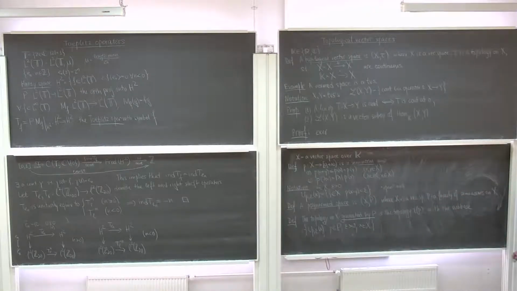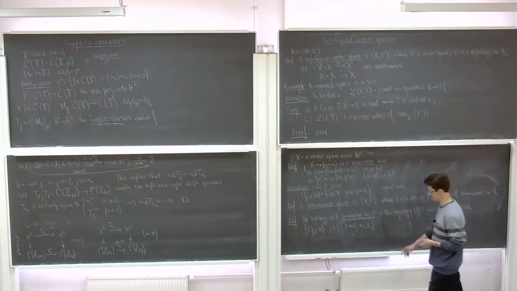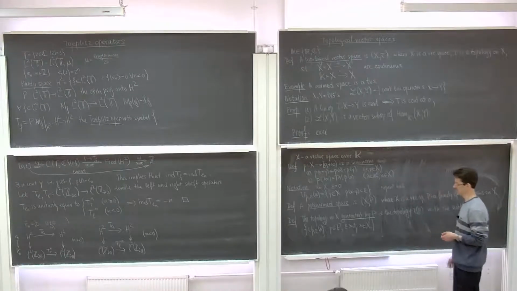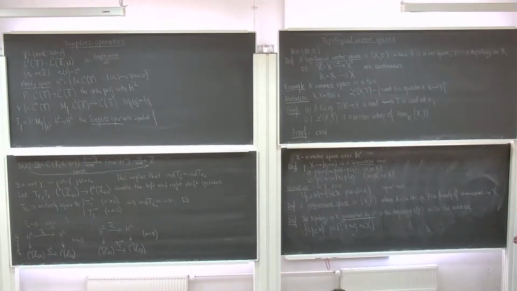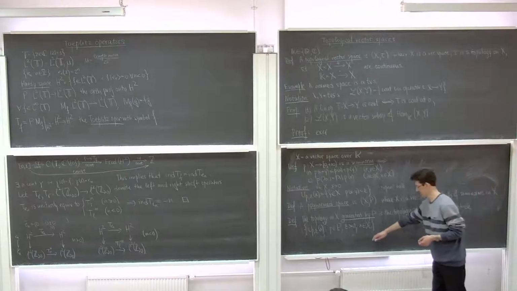So in other words, this is the subbase of the topology. So if we add all finite intersections to this family, we get a base.